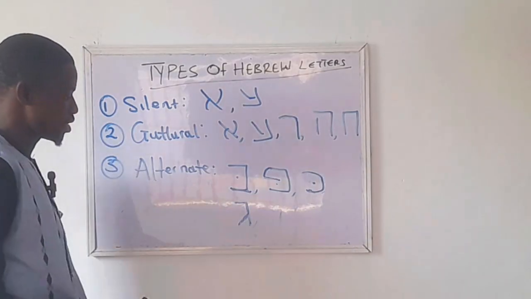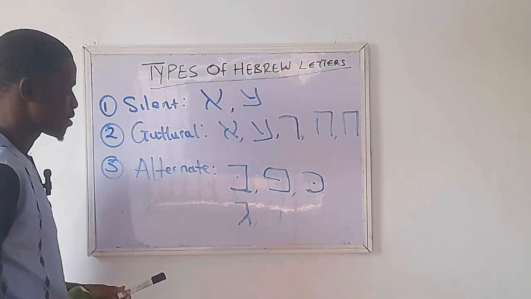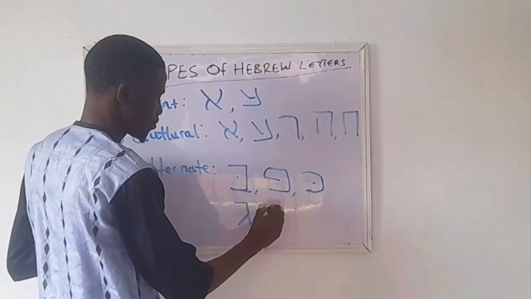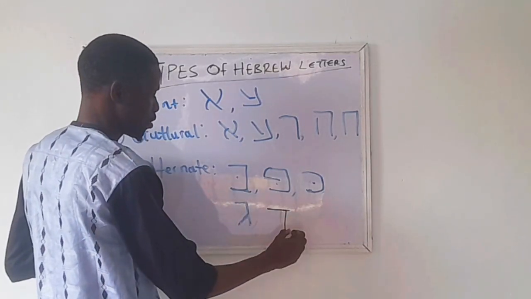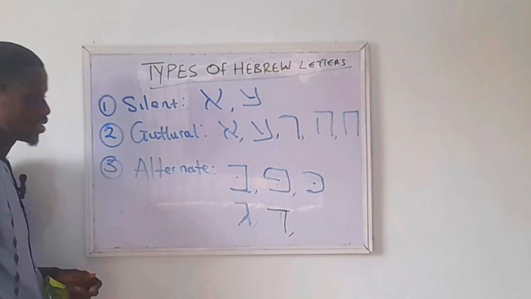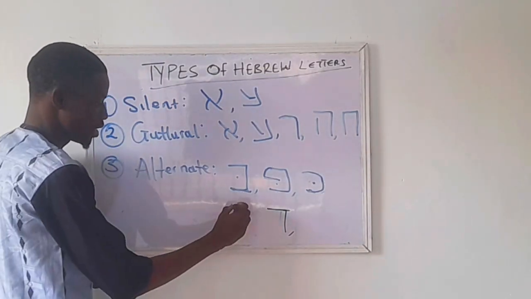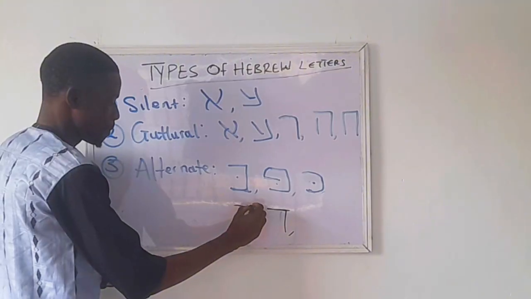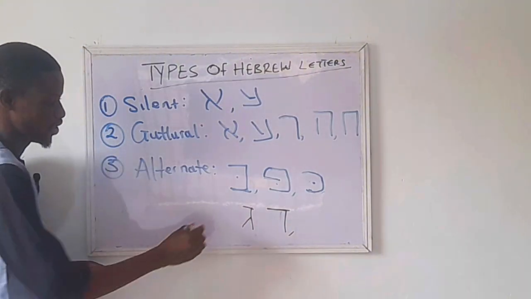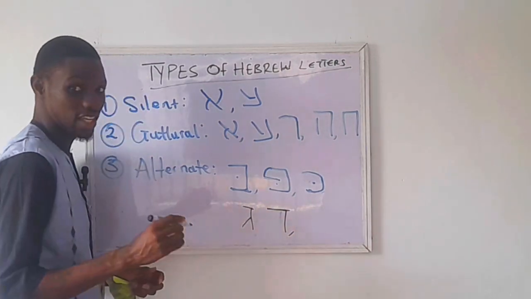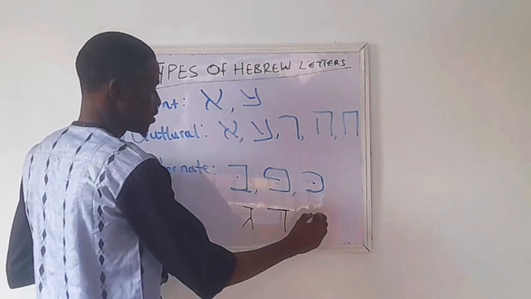So we have the gimel, we have the dalet, and we have the tav. It's not always this long, but I'm doing this so that you can see the difference in the letters.